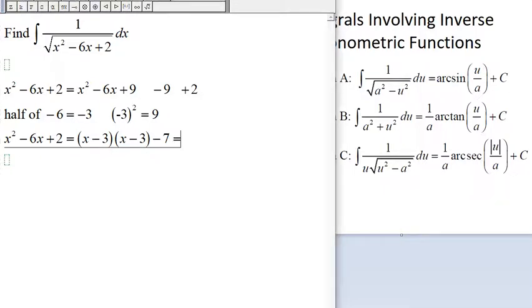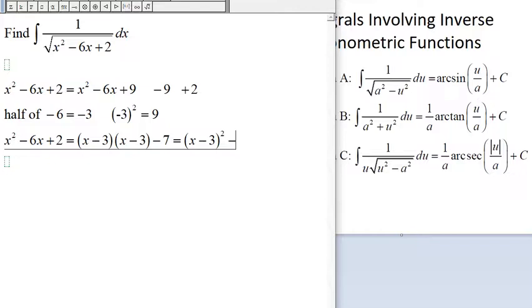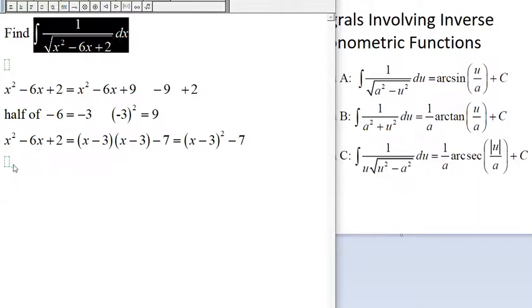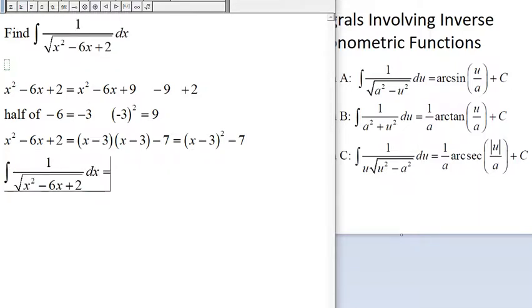And then this would be x minus 3 squared minus 7. So the integral now becomes this.